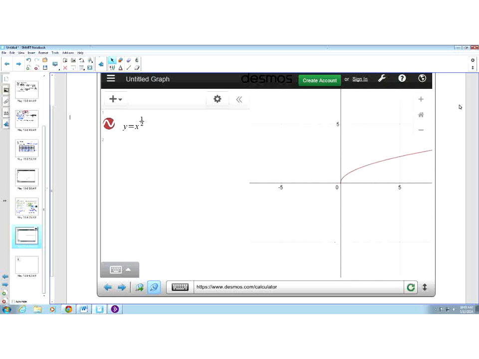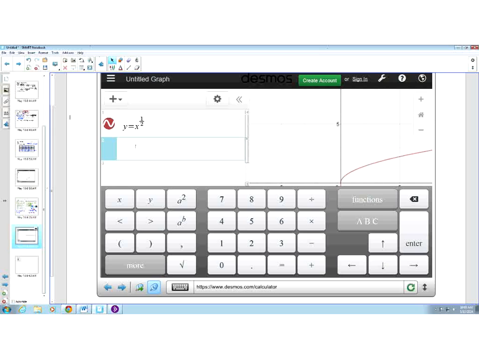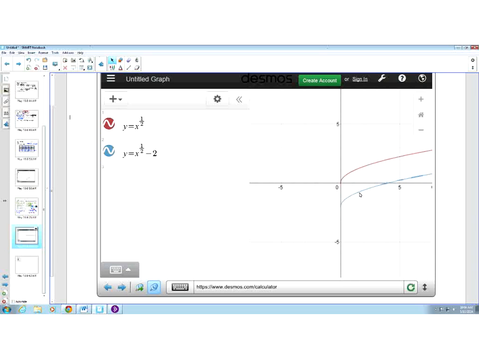Okay, so everybody sees the square root function. Now, let's apply the same operations. So a vertical shift would be something that looks like this. So this would shift the red graph down 2 units, as shown in blue. See that?